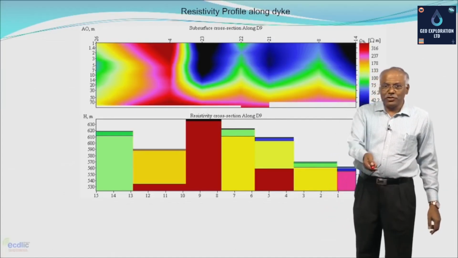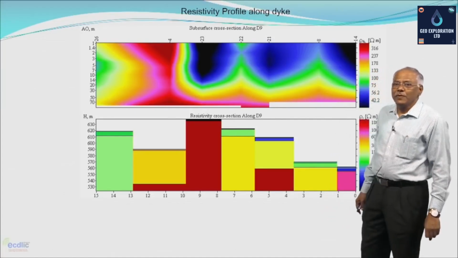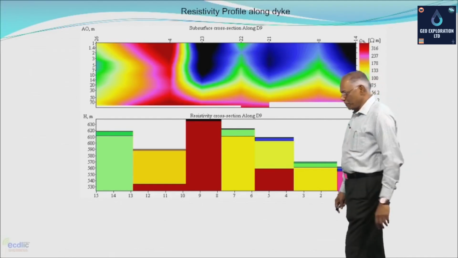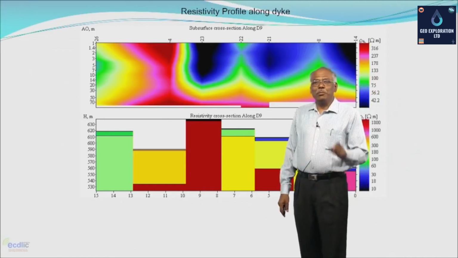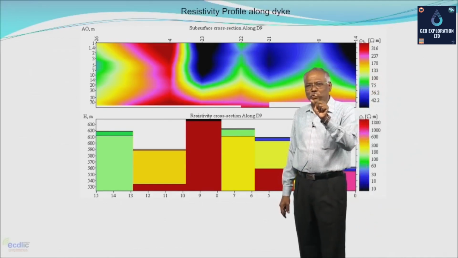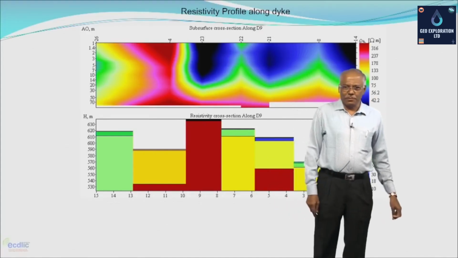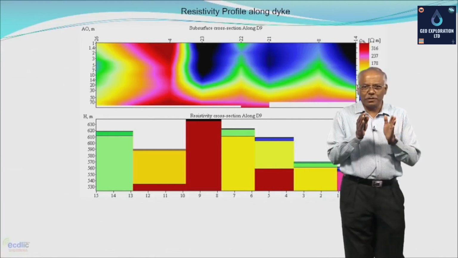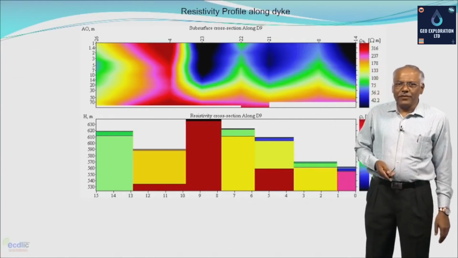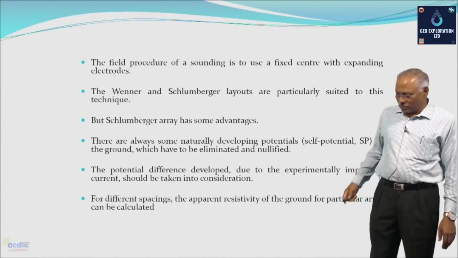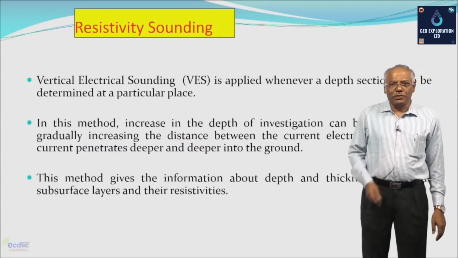This is a discontinuous aquifer along the length of the dike that has been mapped, shown in this picture. There are potential water bearing zones within the dike, whereas there are certain zones which are devoid of groundwater, and therefore in the field it is possible for us to identify the groundwater resource by using this technique.